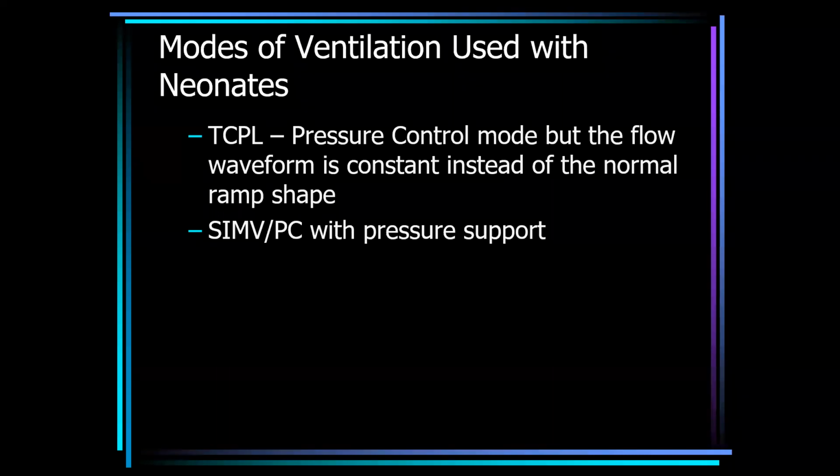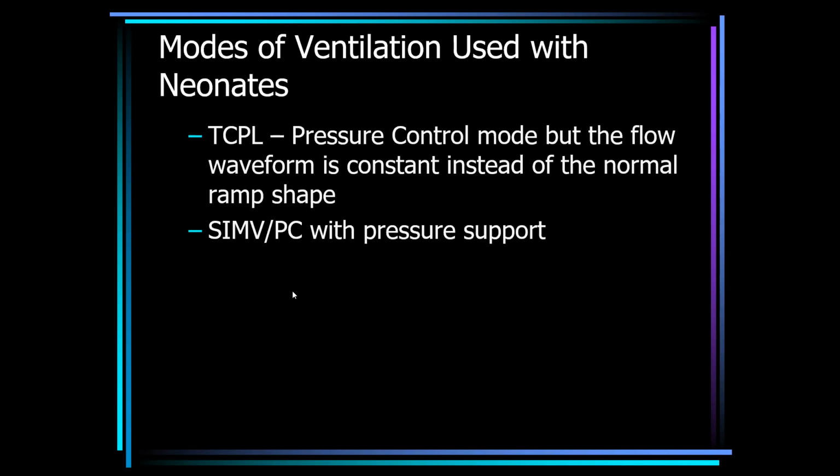So that's the only difference. So it tells you here, the flow waveform is constant, and you set the amount of flow during inspiration. So when you're in TCPL, you're going to have a knob for setting your flow.